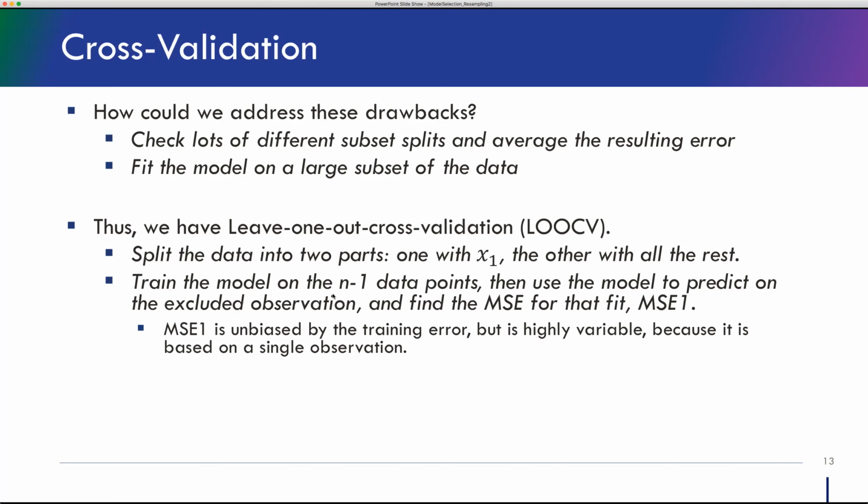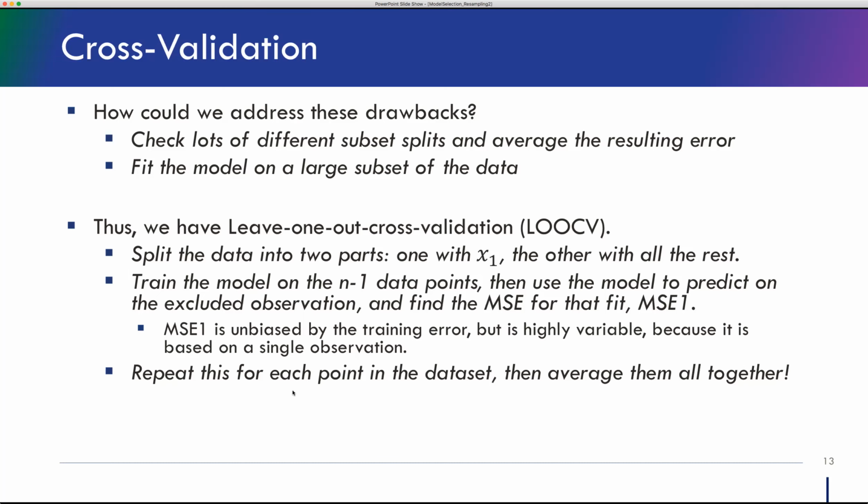We train the model on the n-1 data points, and then use the model to predict on that excluded observation, x1, and we find the mean square error for that, and we call it MSE1. And we repeat these first two steps for each point in the data set.